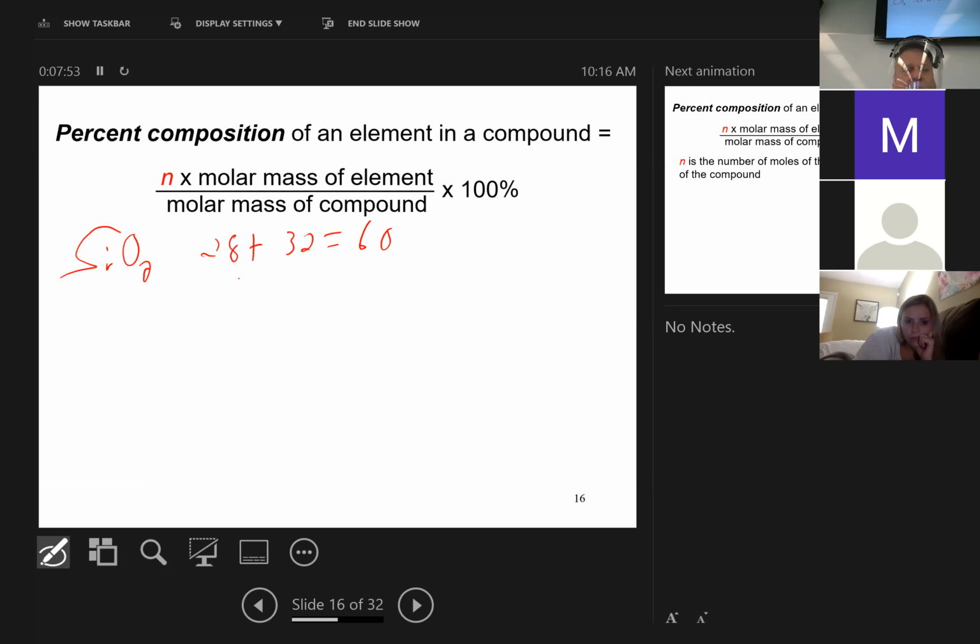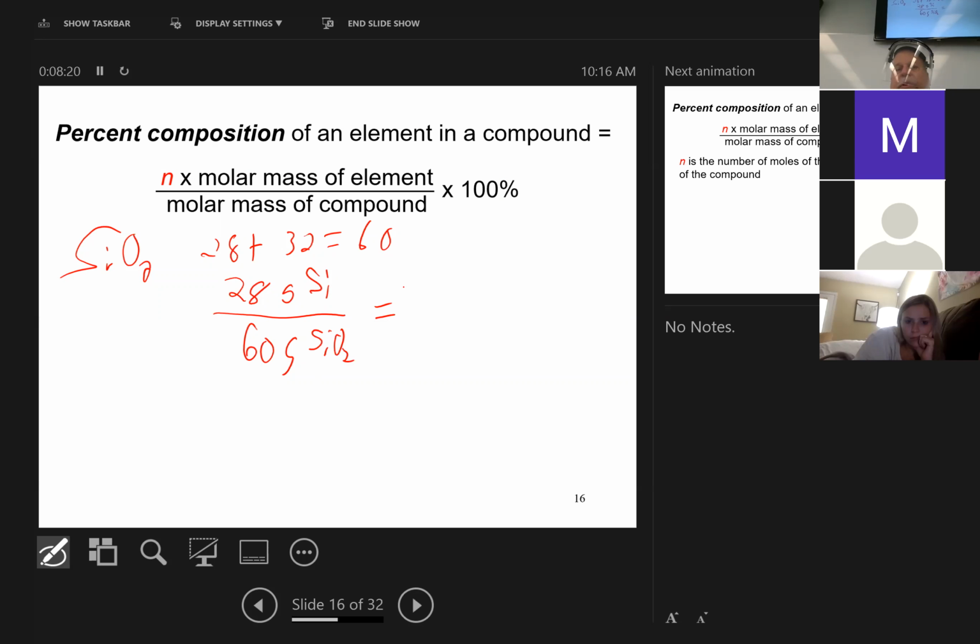Well, you take the 28 there, because you have one mole of that, times the molar mass. So you have 28 grams divided by the molar mass of the compound, which is 60, SiO2, and this is Si. Okay? So then you could just do the math and figure out what the percentage is. If you had your calculator, you could do that. It's very straightforward to do those.